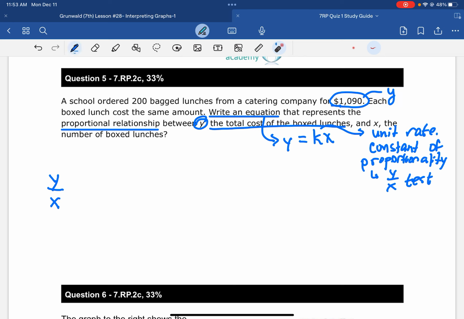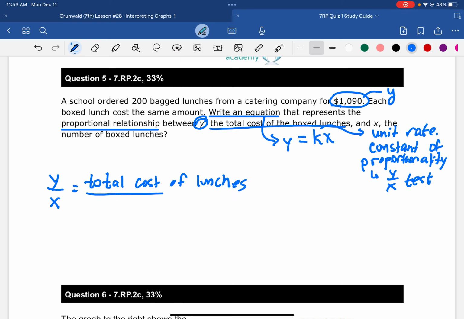So y is talking about the total cost of lunches over, and by the way, remember that's 1,090, over x, which is telling us the number of box lunches.